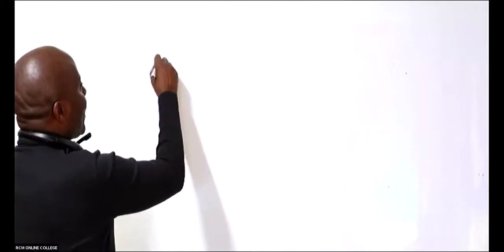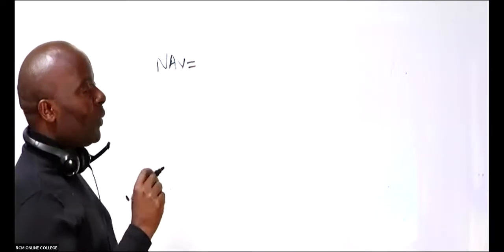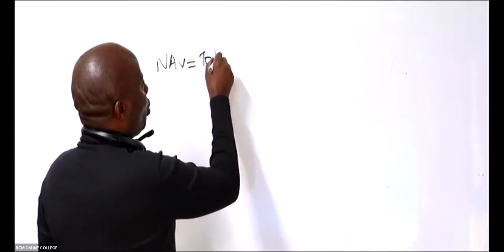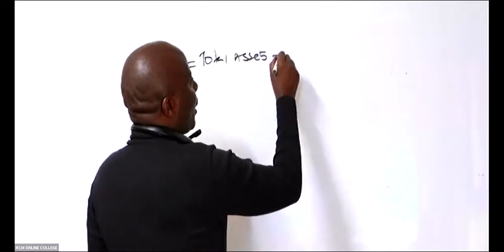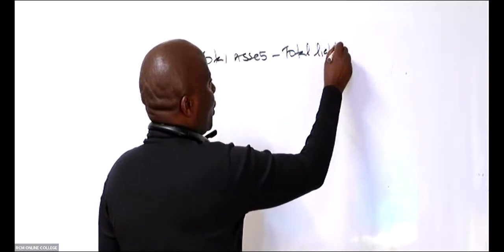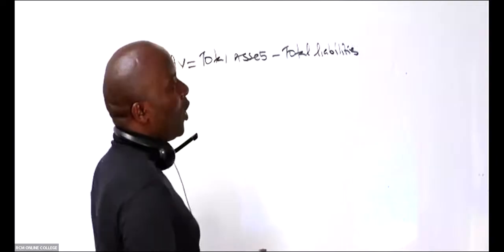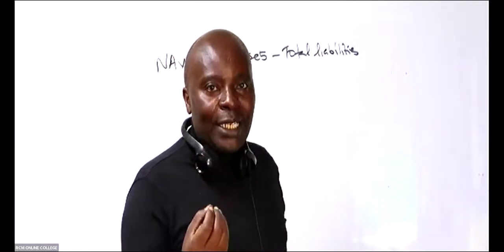Please allow me to remind you, great students of mine, whenever we talk of net asset value, we are looking at total assets minus total liabilities. So basically, we are looking at a situation where the firm will be valued at the equity.